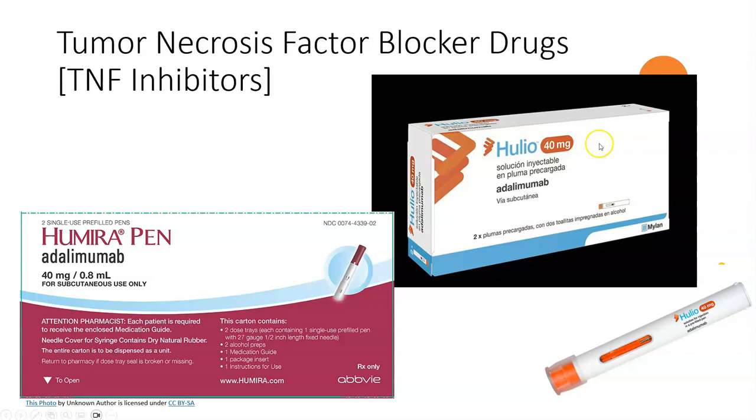So Humira can also be used for rheumatoid arthritis and other autoimmune disorders. Here we're talking about like Crohn's disease, and Hulio is another, and these are self-injectables. These are administered subcutaneous, so the patient can just inject themselves when their next dose is needed. Kept in the refrigerator.